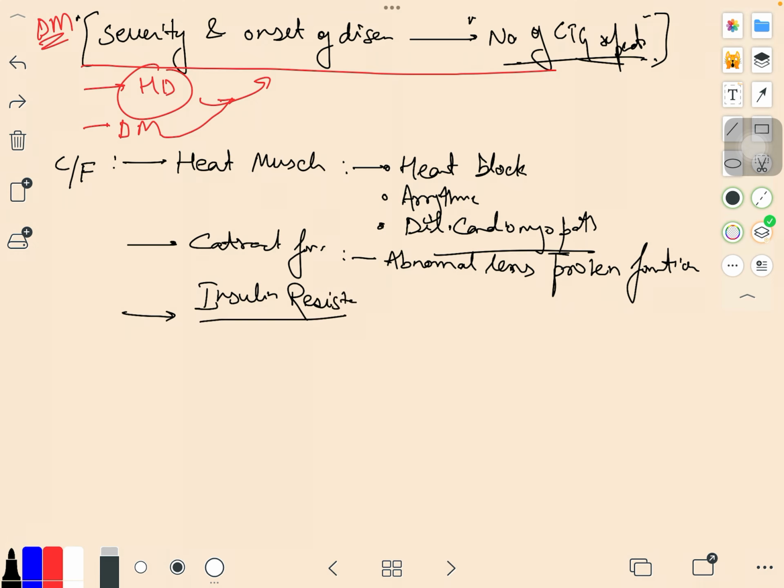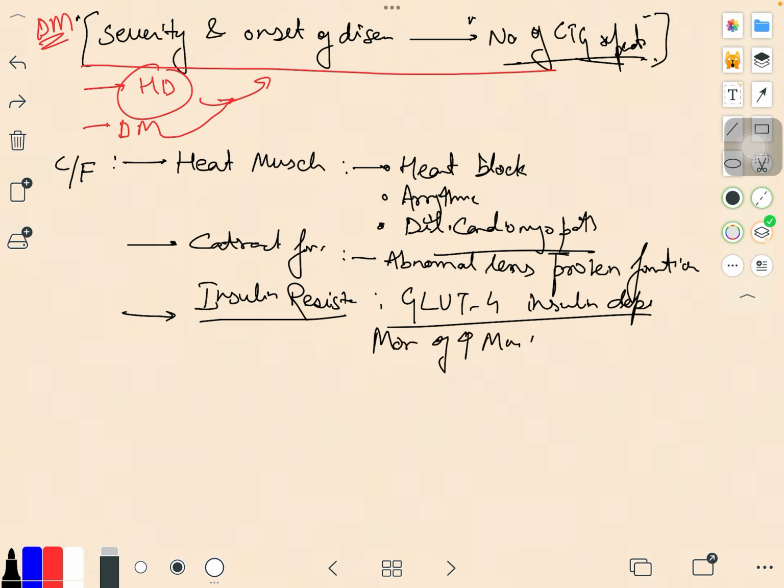Now why insulin resistance? As we know, the GLUT4 receptor is insulin dependent, right? So the greater the muscle mass, the greater the number of GLUT4 receptors. Lesser the mass, lesser the number, and because of this there will be insulin resistance.